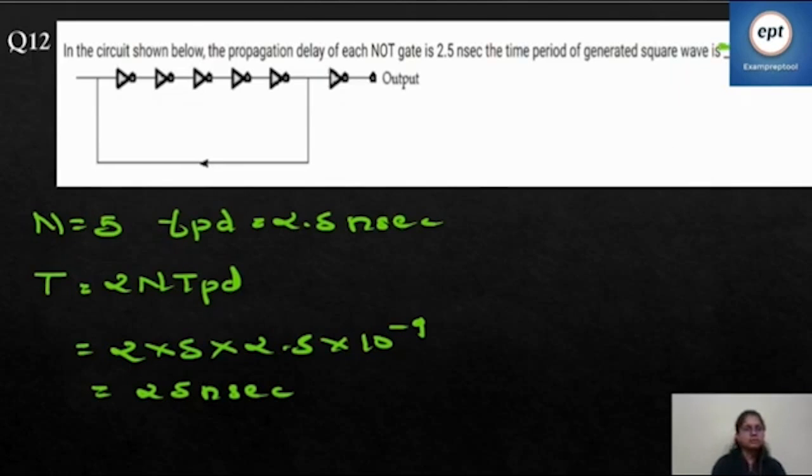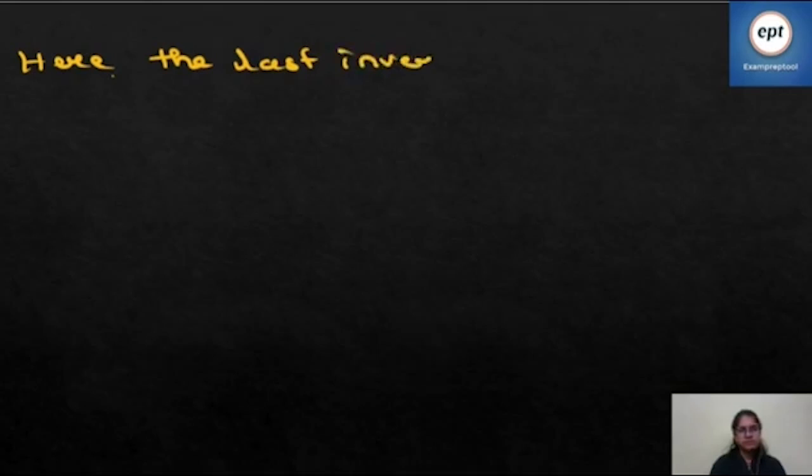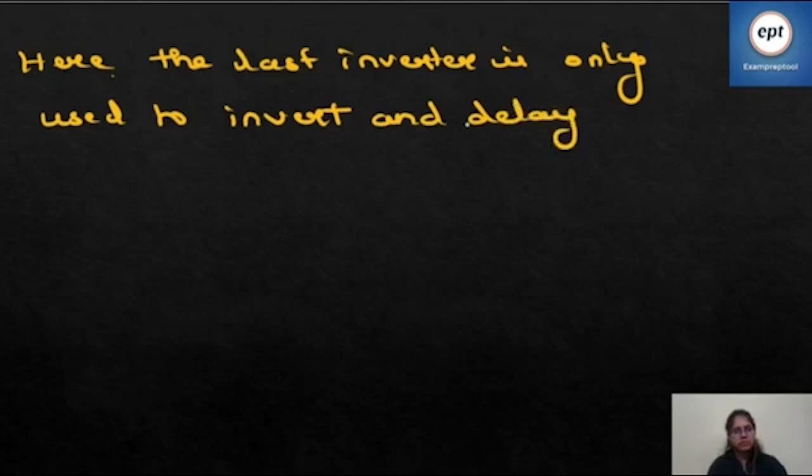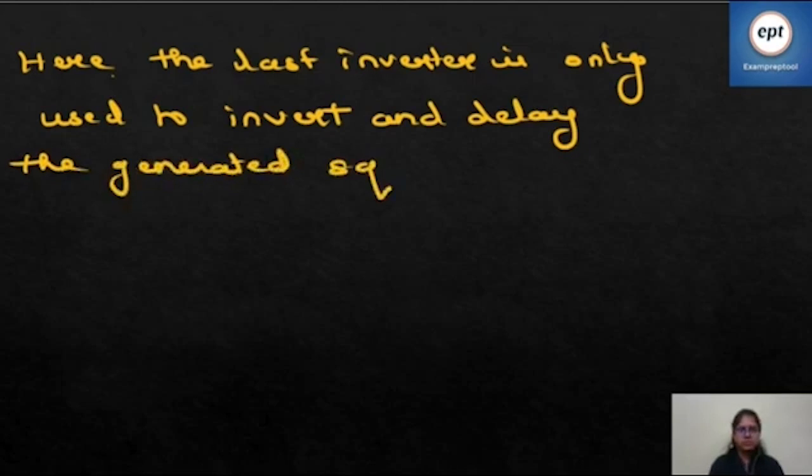Now, the last inverter is only used to invert and delay the generated square wave.